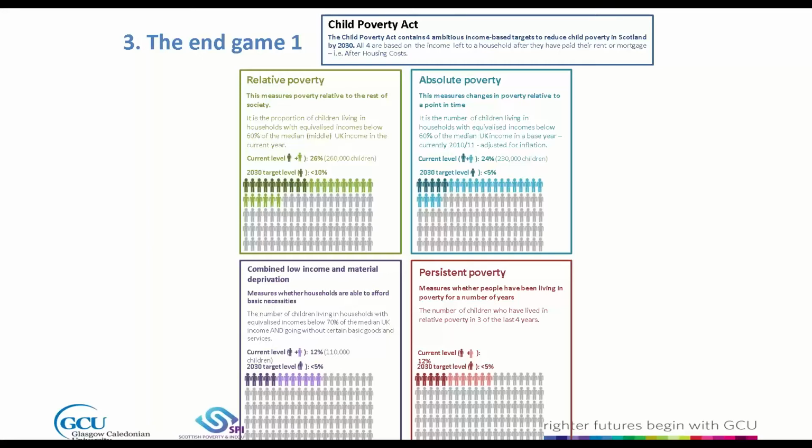We don't have local data to measure absolute poverty, combined low income and material deprivation, and persistent poverty. Now, with relative poverty, I'm going to go on to say a little bit more about that, but it's not the objective, as Hannah says, that locally, over the next 10 years, as we move towards 2030, we measure these 4 targets. If we move on to the next slide.